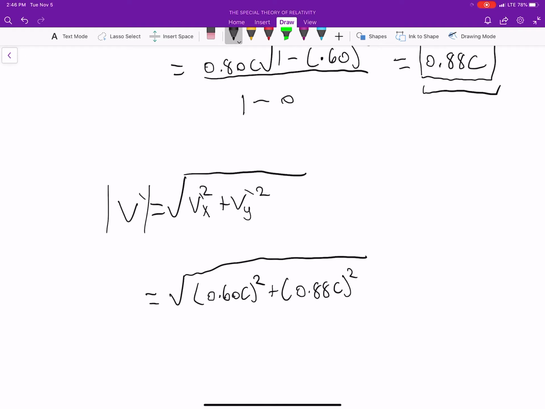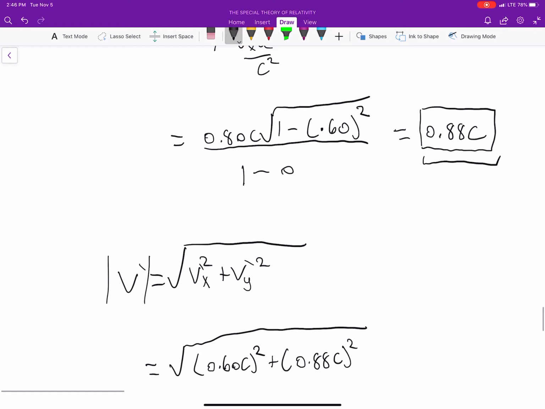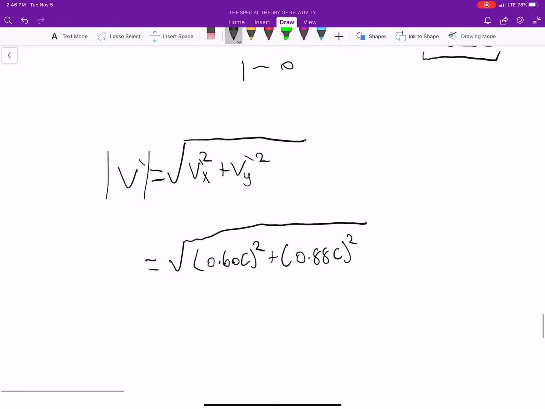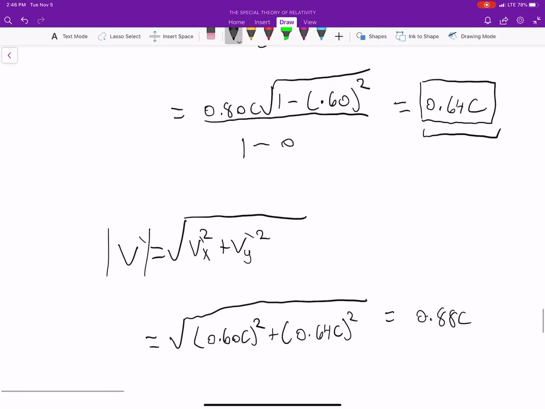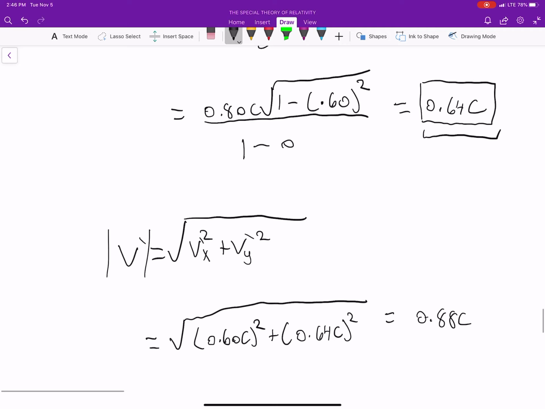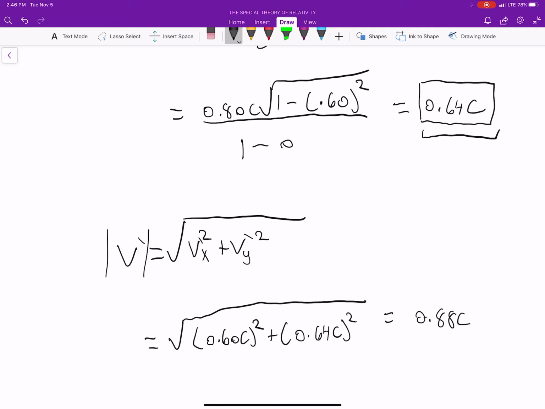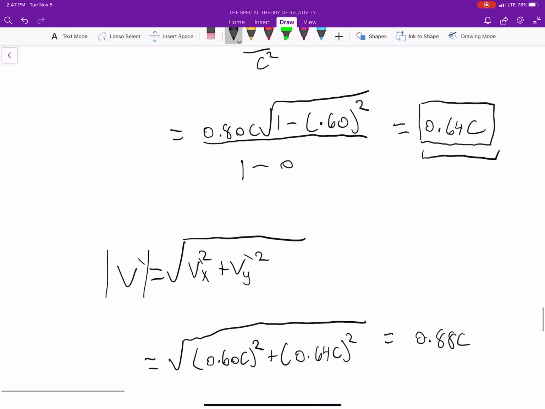Okay, so if you plug that in, I'm sorry, I jumped ahead of myself. This is 0.64c. And then the answer ends up being 0.88c. There we go. I jumped the gun there a little bit. I had the numbers written down and I saw one and thought, okay, that must be it, but got it backwards.